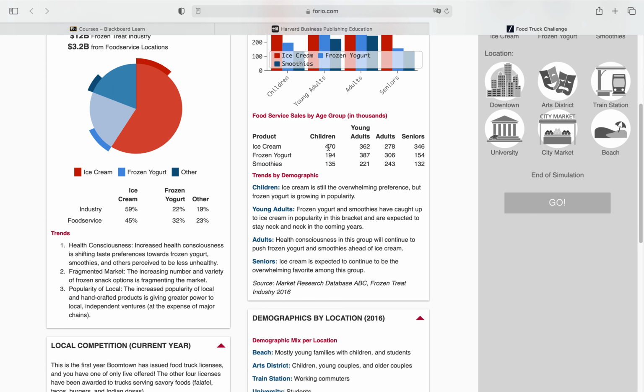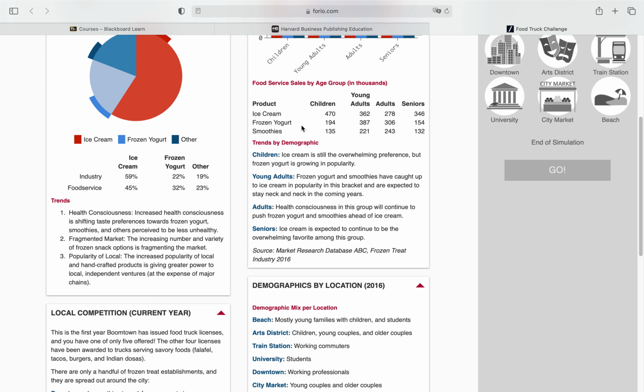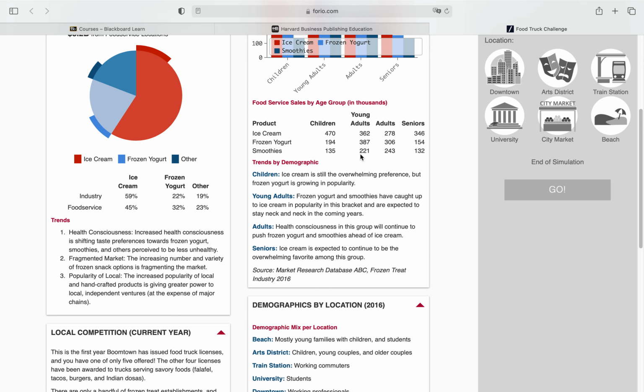And moving a little down here, it expands the information for ice cream, frozen yogurt, and smoothie. Different products have different demographics, and what they prefer. As you can see, children definitely prefer ice cream overall compared to the other two.